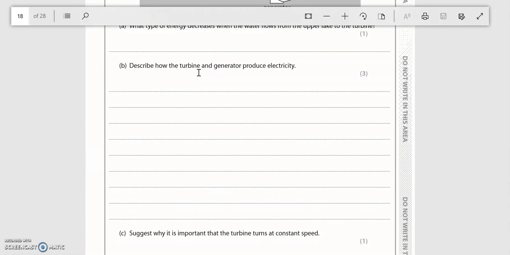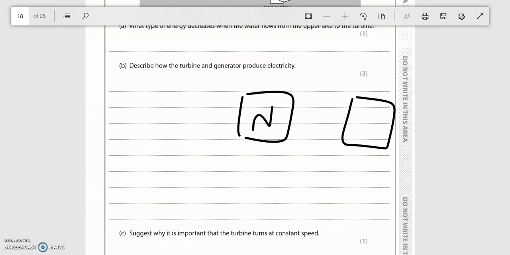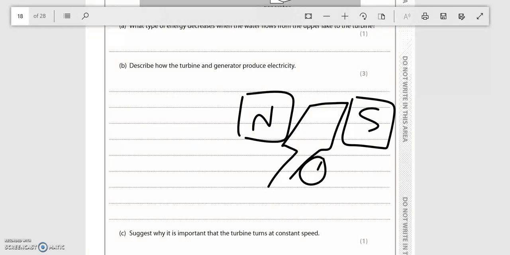So with a generator, what you have is either a fixed magnet or an electromagnet, and within that you have coils of wire that turn. So the first mark you can get is that the coil of wire spins between the poles of a large or a strong or some kind of strong magnet.